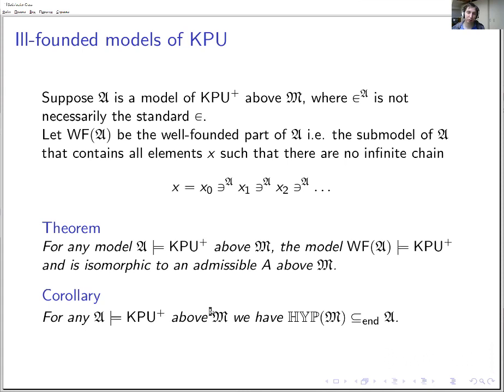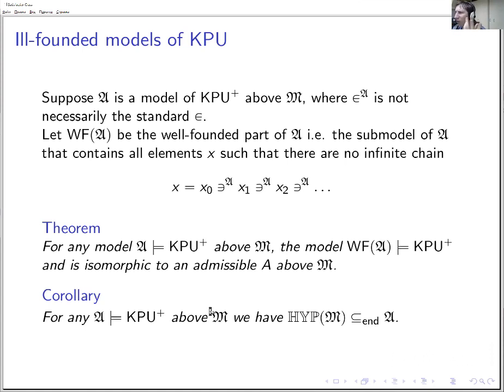And of course, using the standard Mostowski collapse, the well-founded part can be taken to be a transitive model, but that's the boring part. What is interesting is that this well-founded part is always a model of KPU plus. The non-trivial axiom to check is the axiom of sigma 1 collection.